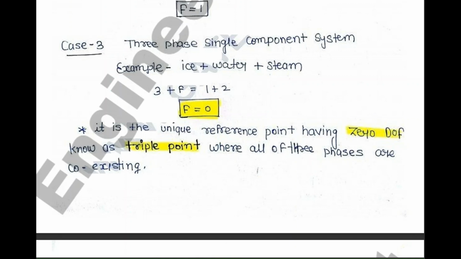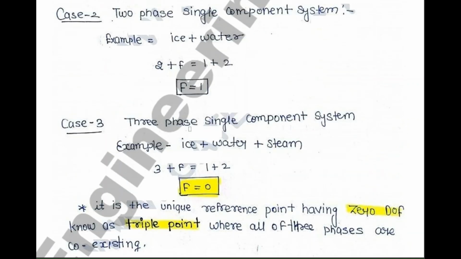Also, you can see that if you have ice, water, and steam at the same time, there is only one possibility for this to happen. That is a specific temperature, the triple point state.